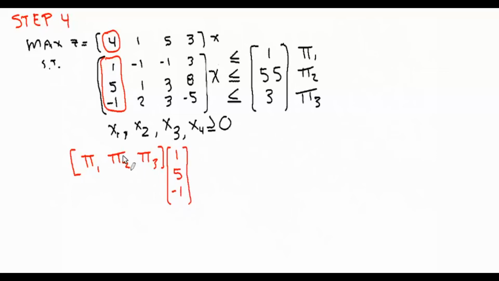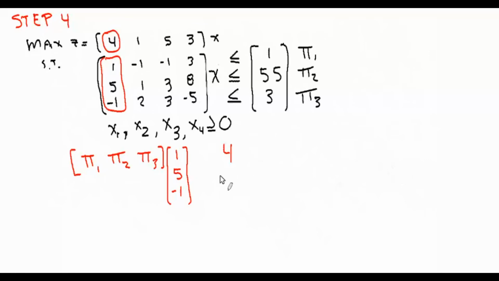So we have this 3-element row vector times a 3-element column vector. And then the right-hand side will be 4. And we get 4 from the cost coefficient. So all of the coefficients on the dual variables in the constraint come from the column associated with x sub 1 in the primal. And then the right-hand side is the cost coefficient associated with x sub 1 in the objective function.